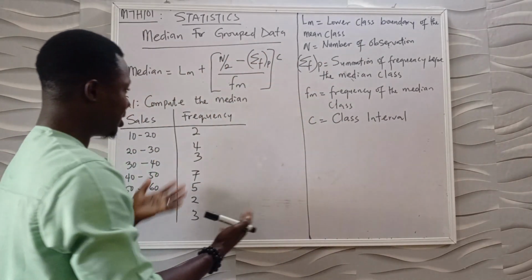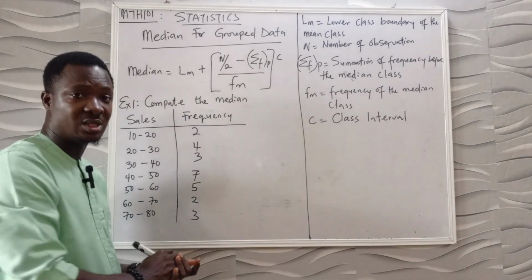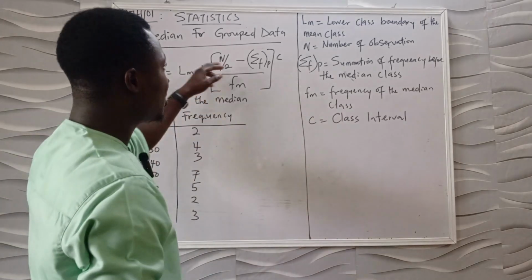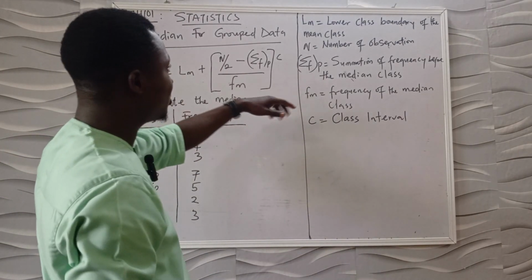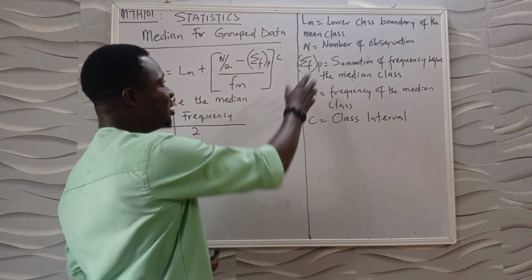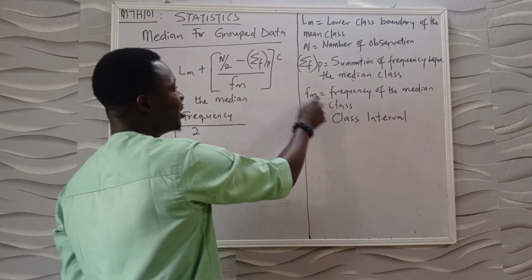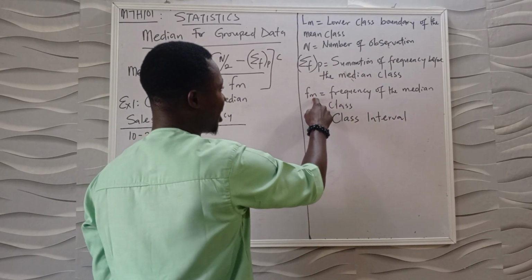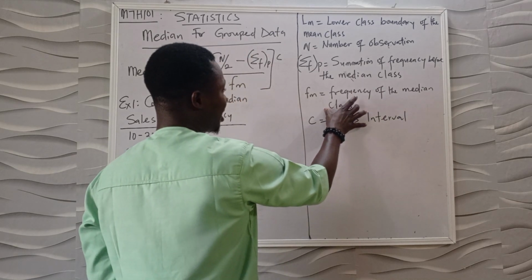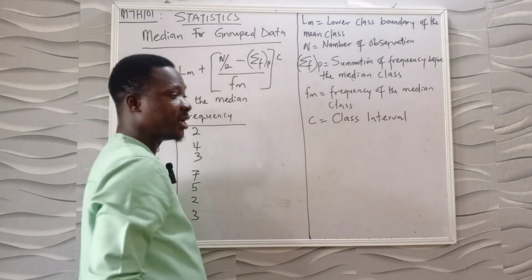In this case, it's the sum of the frequency, which gives us our N. And we have summation F subscript P. This is the summation of frequency before the median class. We also have F subscript M, which is equal to the frequency of the median class. We are going to understand this better when we take one example.